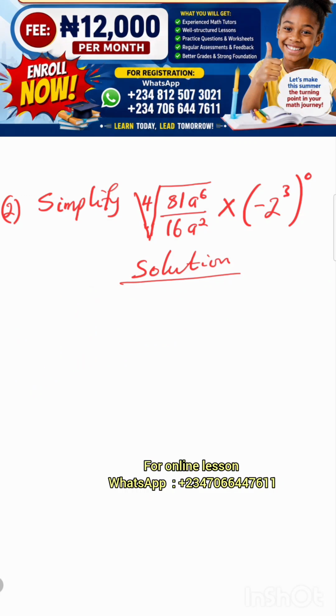Here, this is the fourth root of 81, so let us split what we have inside the roots. I'm going to split it to become the fourth root of 81 over 16, then times a exponent 6 all over a squared, then times negative 2 raised to 3, then raised to power 0.